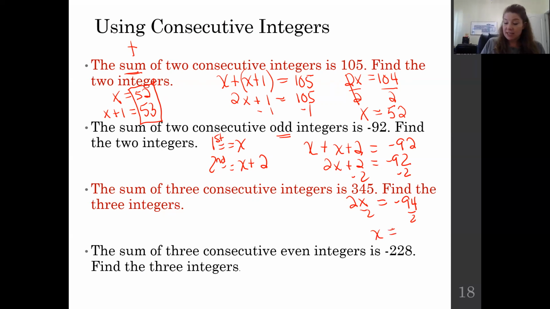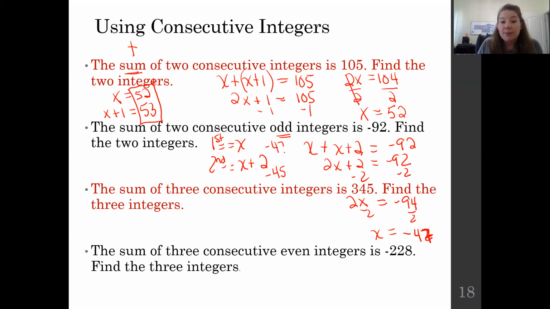And then half of 94 is 47. So a negative divided by a positive is negative 47. The first number is negative 47. Negative 47 plus 2 is negative 45.